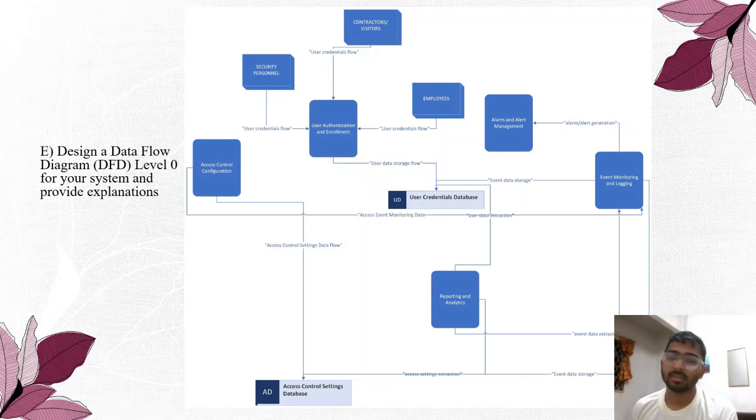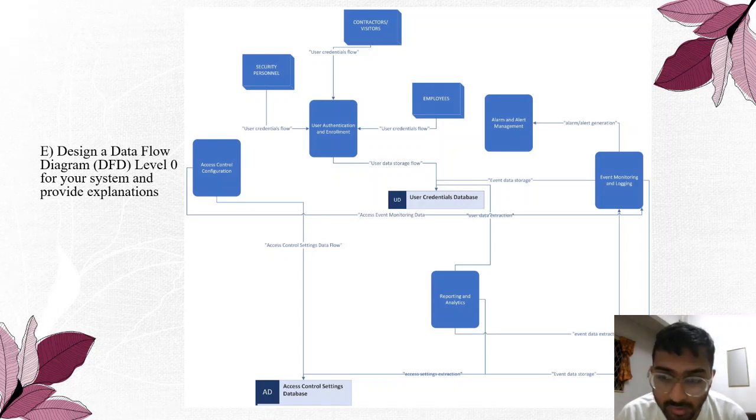And from another process, event monitoring and logging, the data is sent to the alarm and alert management, and it also sends the data to the data store, user credential database.